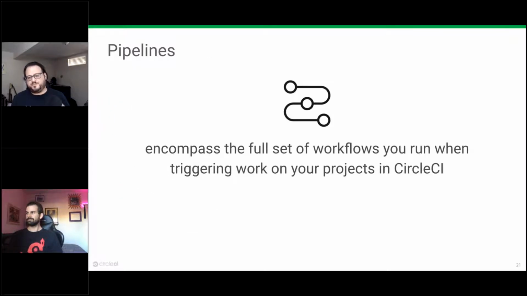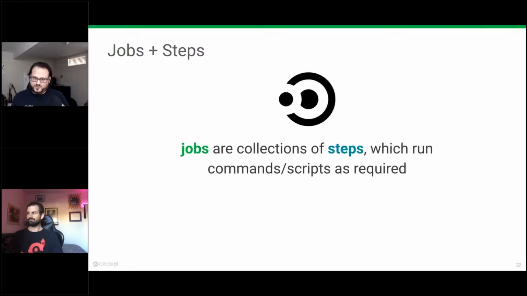So let's talk about pipelines. Again, we're just encompassing the full set of workflows within your configuration. What that does is basically trigger jobs and steps. Jobs are just a collection of steps, which are another collection of commands that you're going to run.